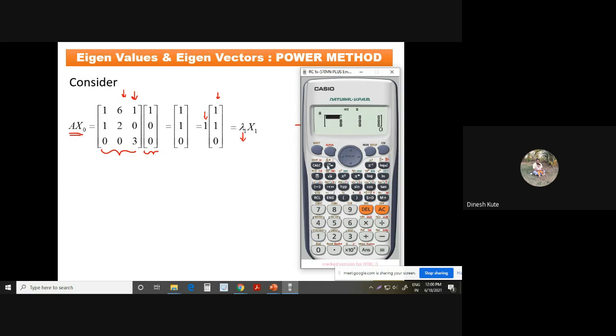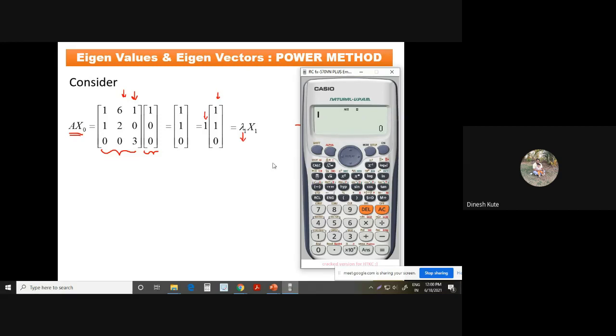Press 1. Let's store this matrix: 1 equal, 6 equal, 1 equal, 1 equal, 2 equal, 0 equal, 0 equal, 0 equal, 3 equal. And after that, just press AC. So matrix A is stored.